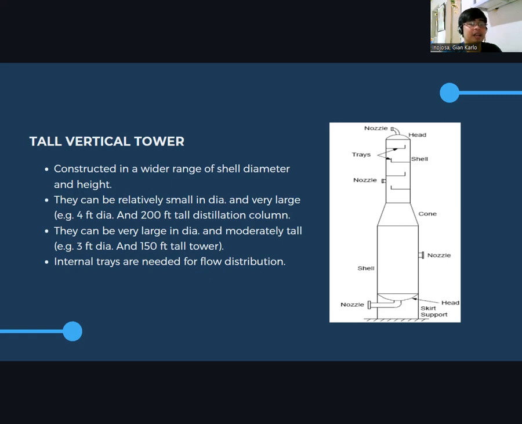Next, they can be very large in diameter but moderately tall. An example is a 3 feet diameter and 150 feet tall tower. Internal trays are needed for flow distribution.